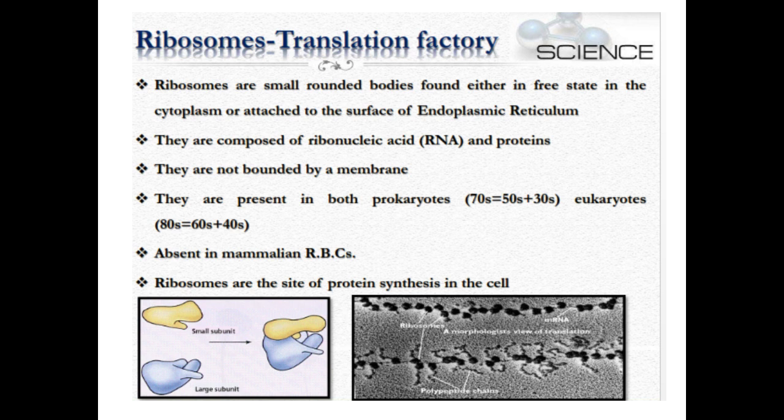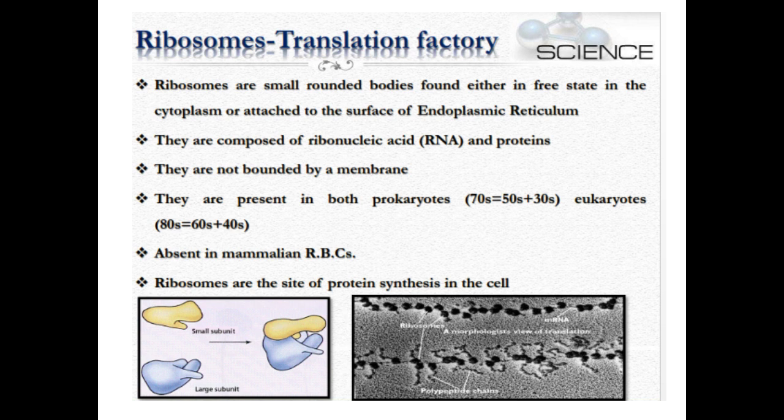While we have studied the endoplasmic reticulum, we studied about ribosomes. The ribosomes attached to the endoplasmic reticulum form the rough endoplasmic reticulum. Why are they called the translation factory? There is a central dogma of biotechnology, in which two things are main: transcription and translation.